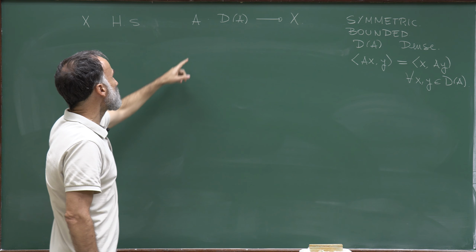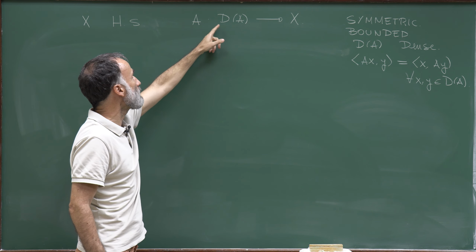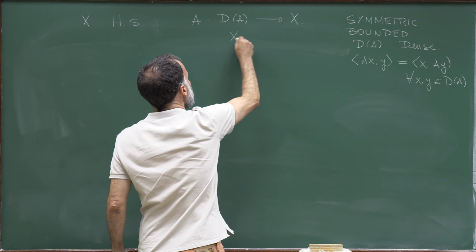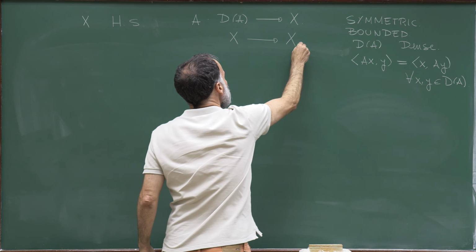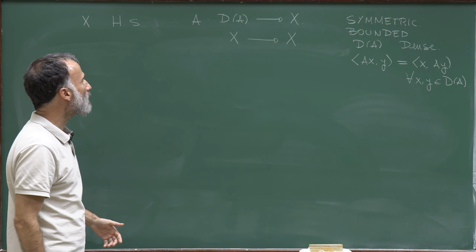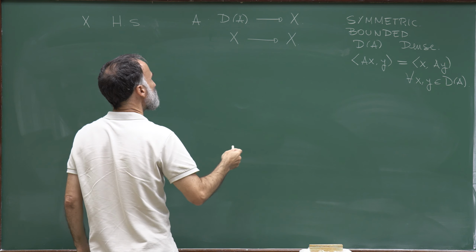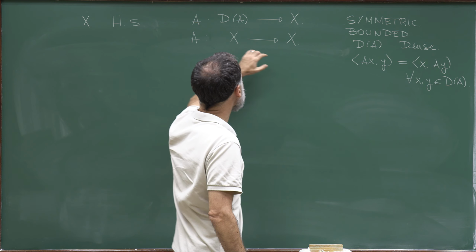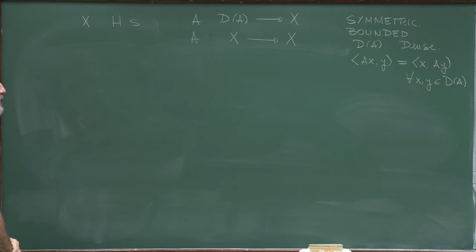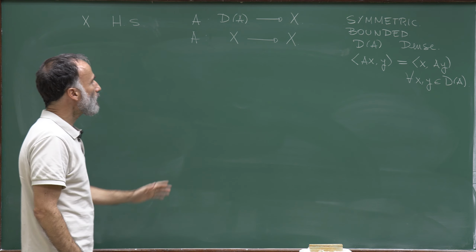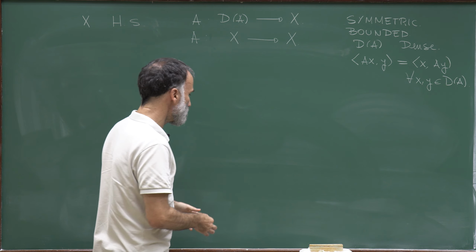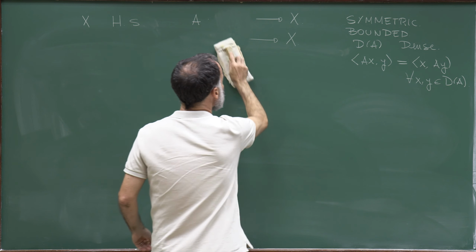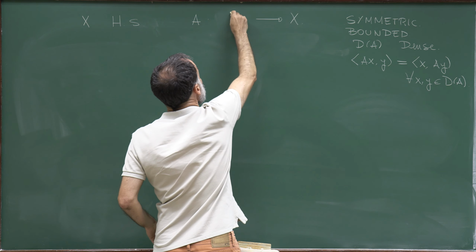And since A is defined on a dense subset of X and A is bounded, it can be extended in a unique way to X. So without loss of generality, any symmetric bounded operator can be defined on the whole space X. So from this point on, I'm assuming that I have a linear operator A, which is bounded and symmetric, and therefore it's defined on the whole space X.